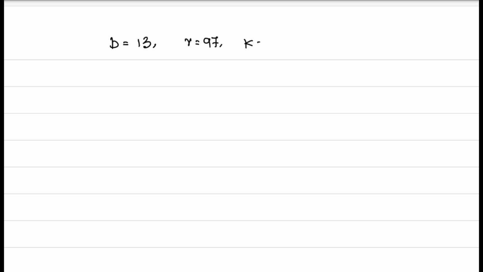And k is equal to 20, we have already got. That means x plus y is equal to, not k is equal to 20, it is some value. k is proportionate, 20k plus 13.